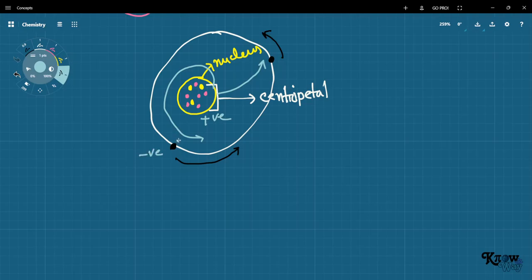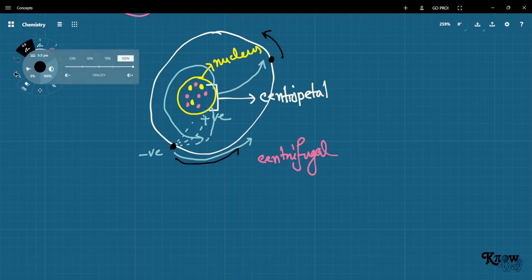So there is an attraction working between the nucleus and the electrons, and the attraction force drives them in this particular arc. This force is known as the centrifugal force. Due to this centrifugal force, they are just moving around in their orbits outside the nucleus.